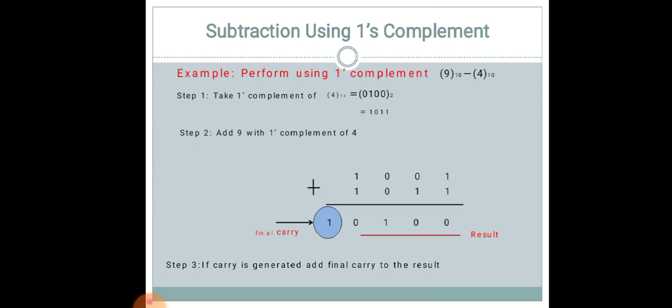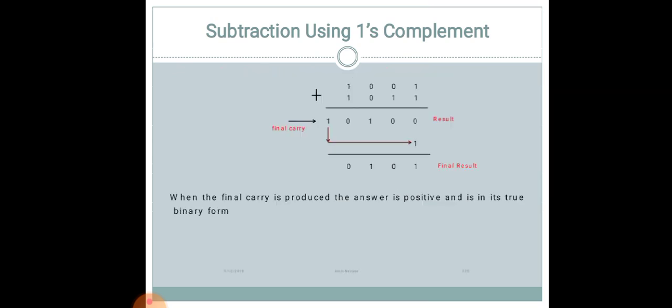And we have to apply the third rule here, that is, if carry is 1, then we have to add that carry into the answer and consider the answer positive. So that carry is taken and added into the final answer.